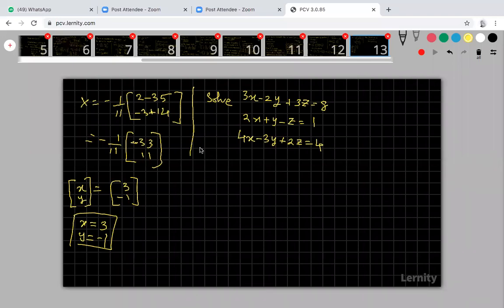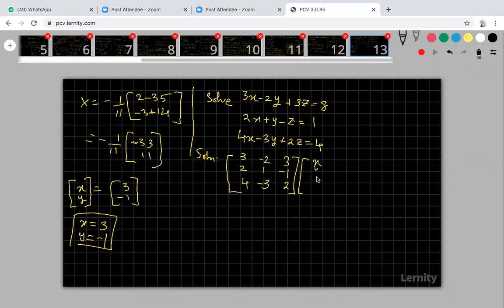Okay, so first of all, write the coefficient matrix. What is the coefficient matrix? A matrix. What are the coefficients of x? 3, 2, 4. What about y? Minus 2, 1, minus 3. And this is 3, minus 1, 2. And unknown matrix.